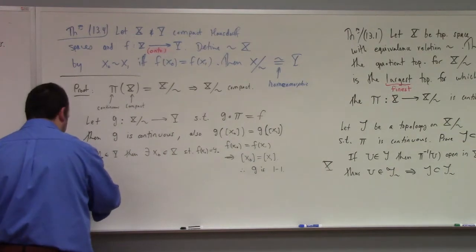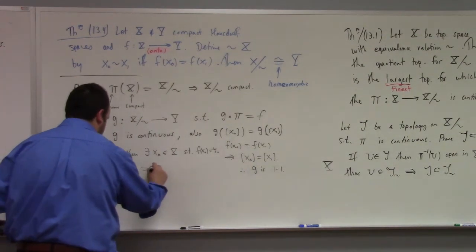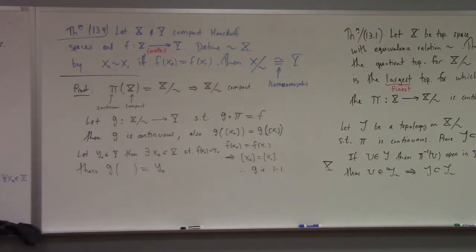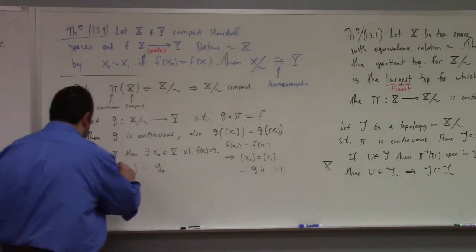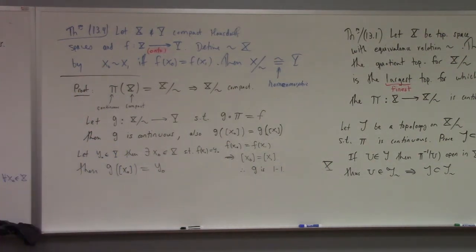Then G of what equals Y naught? What I'm trying to say is injectivity and surjectivity of G are easy to prove, right, by construction.